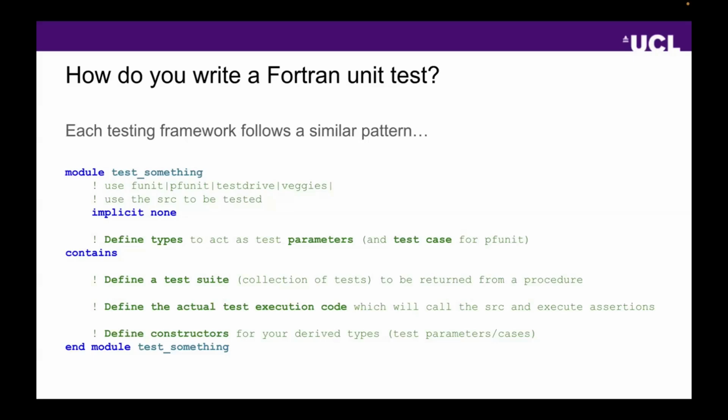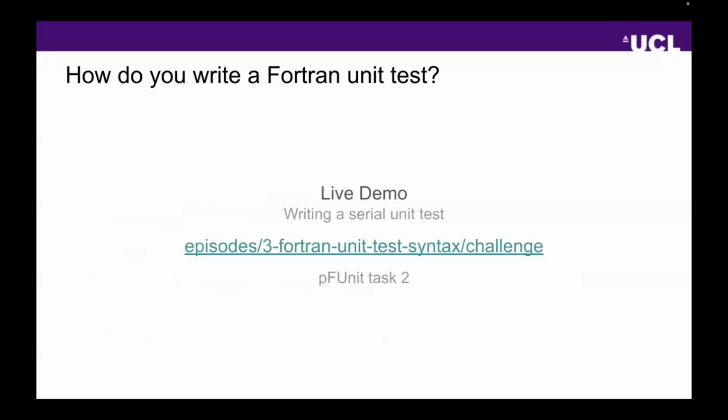That calls your actual source subroutine or function, and then makes any assertions or checks any values on the outputs. Last, you would have some constructors, which are sort of boilerplate but make things simpler, for the custom types we defined at the top. Notice that this is using types within Fortran, so it is a more modern-ish feature, not that modern.